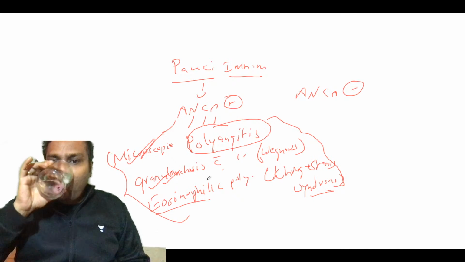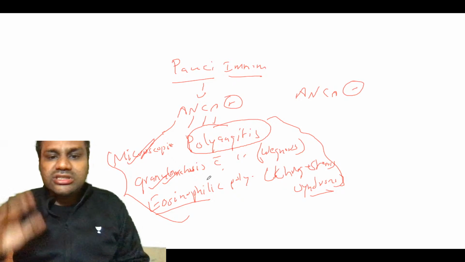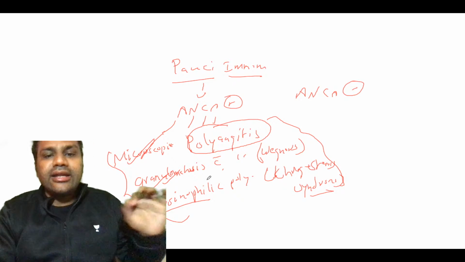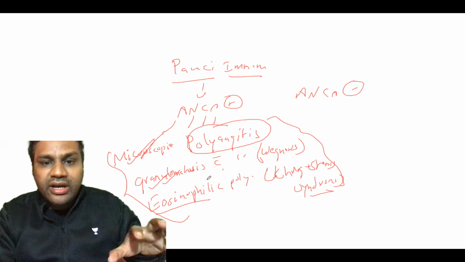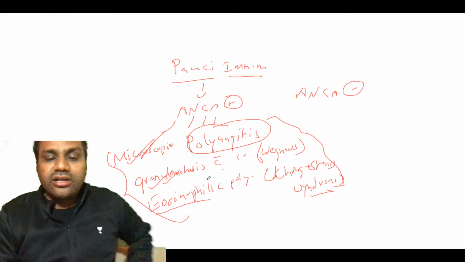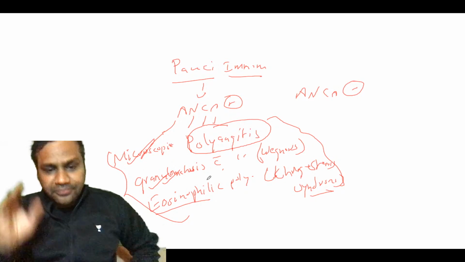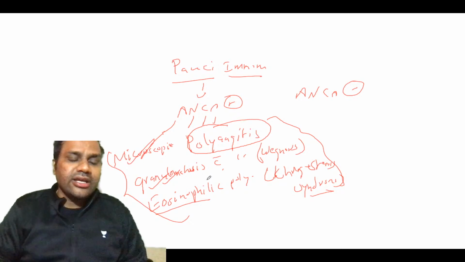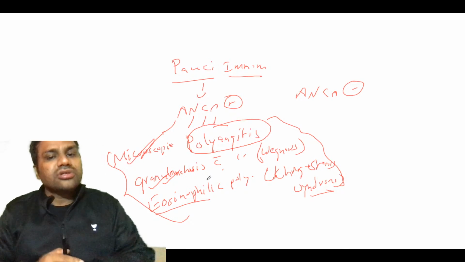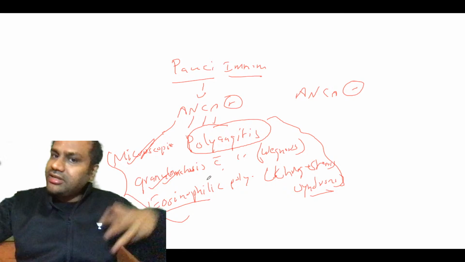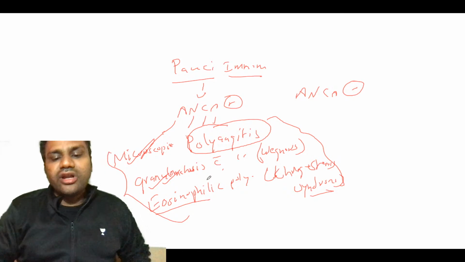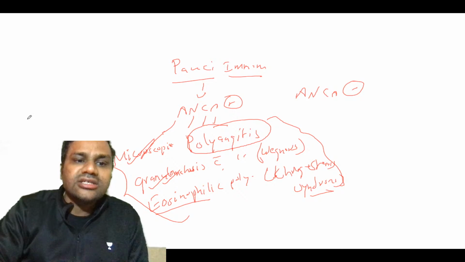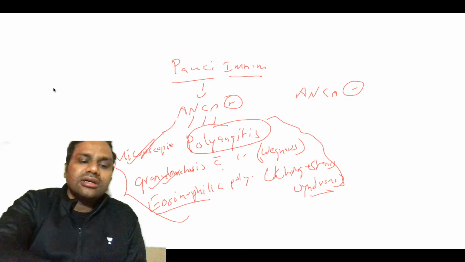These are the pauci-immune glomerulonephritis. We will do type 3 rapidly progressive glomerulonephritis in the next class. This is how they are classified as type 1, type 2 and type 3.